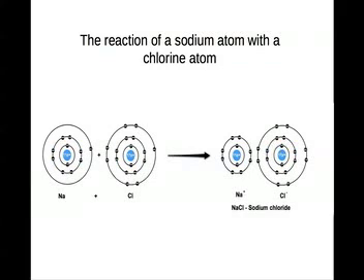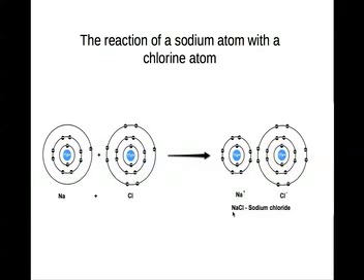The formula for an ionic compound is written by putting the symbol for the element which forms the positive ion first, then the symbol for the element that forms the negative ion. The charges on the ion are not shown in the formula for the compound.